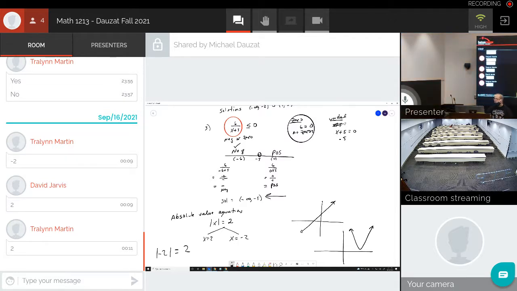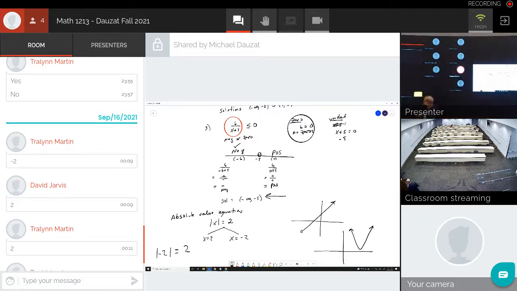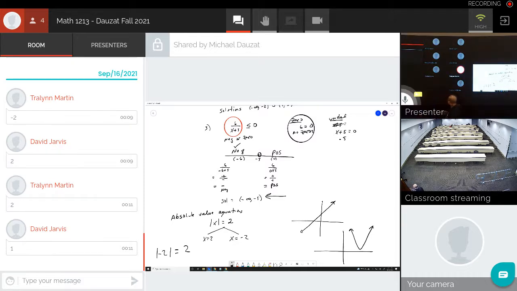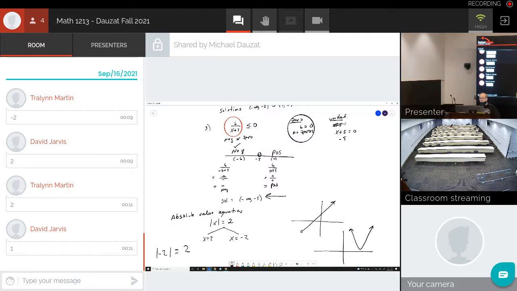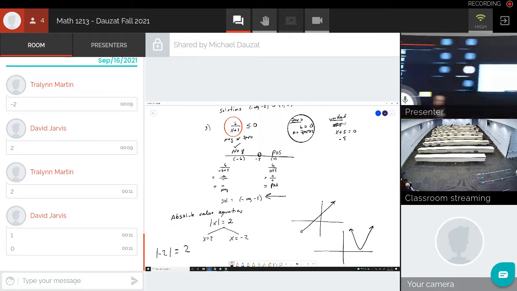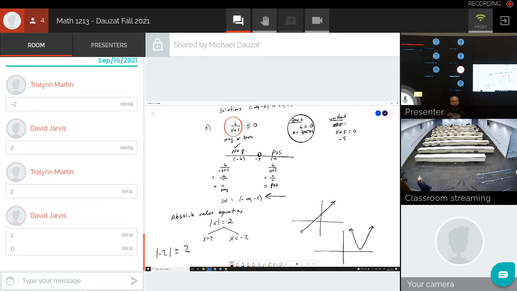In this inequality for number 3, how many solutions are there to that inequality? David says 1. Now remember, I wrote the solution as an interval, right? Negative infinity to negative 5. That means any real number that's in that interval. Well, how many real numbers are in that interval?